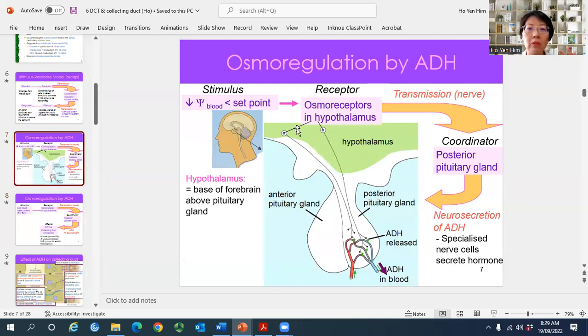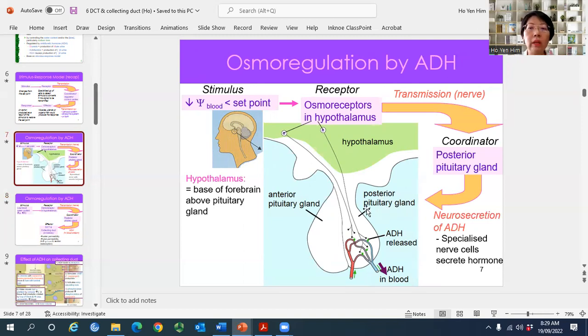So this hypothalamus will then send electrical impulse along this neuron all the way to, if you look at the pituitary gland, there is anterior and posterior. Okay, the part that secretes ADH is the posterior pituitary gland.